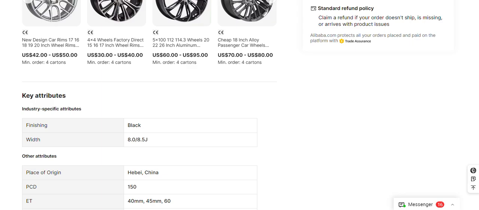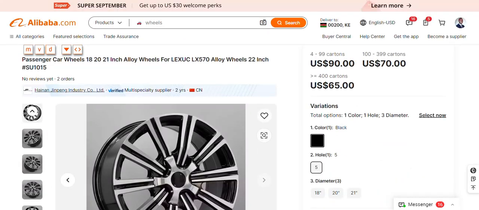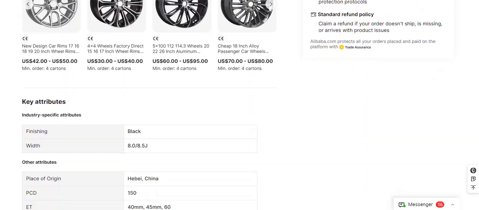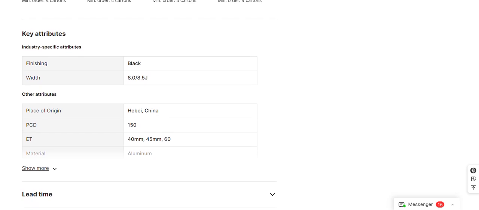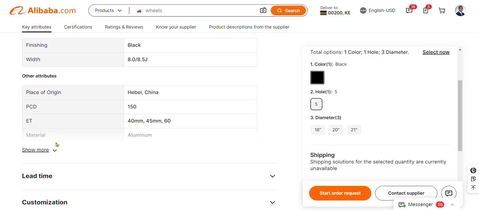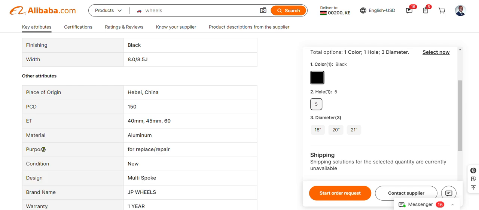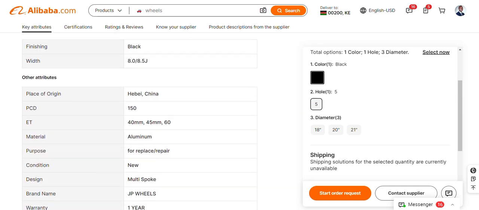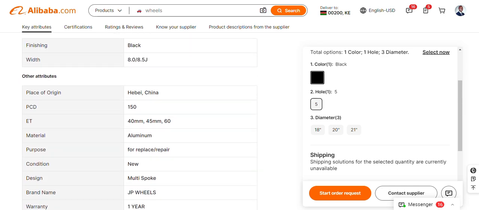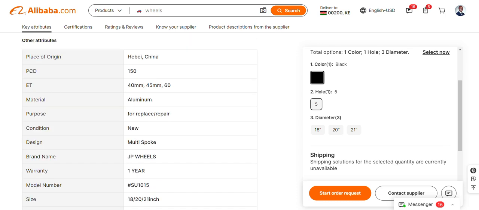But now, can we look at the specifications of this particular product in detail? So what we can see here is the place of origin is in China, of course.